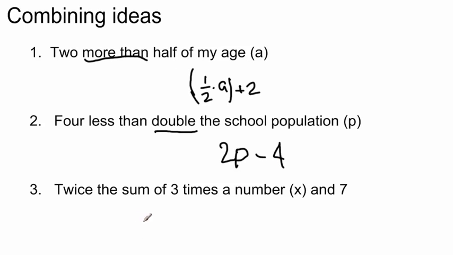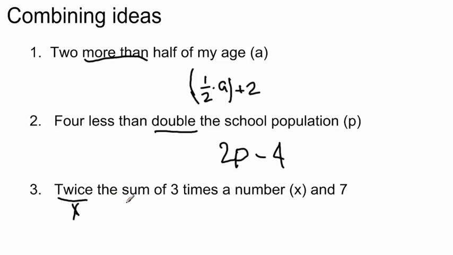Okay, now let's look at this one. This looks like fun. Twice the sum of 3 times a number, I'm going to call that number x, and 7. That's a lot of stuff here. So I see twice. That means I'm going to double something. That's like a multiplication kind of word. Make an x there.